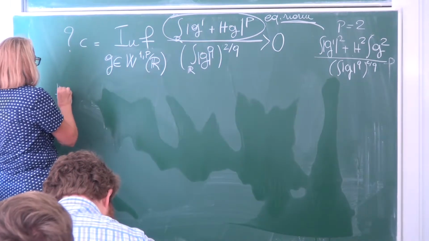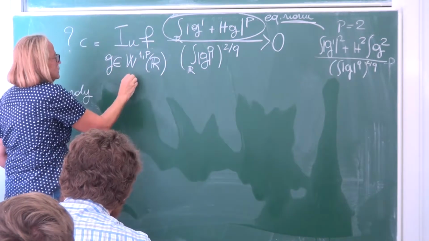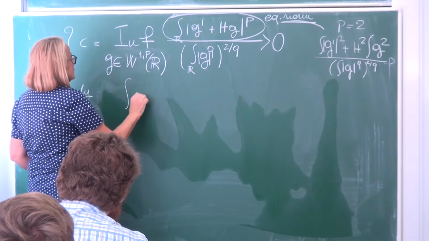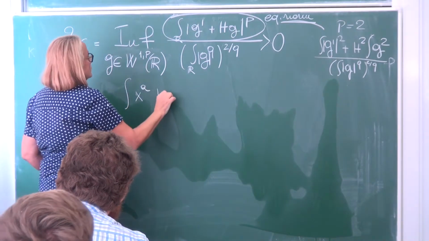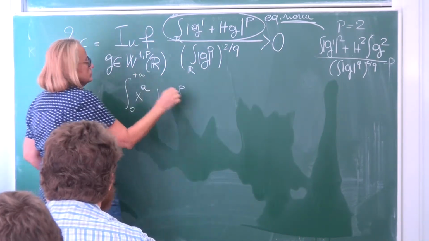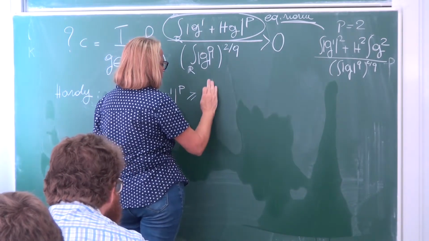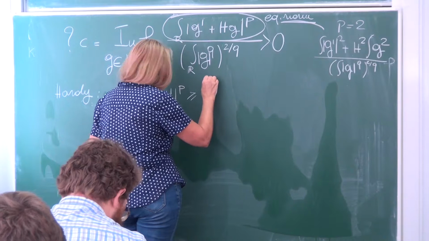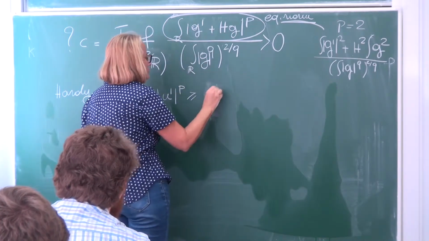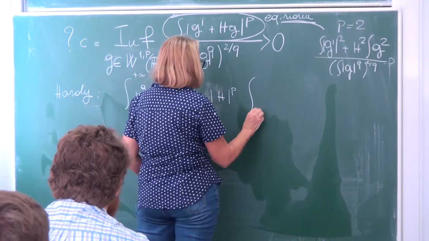Because of the Hardy inequality that holds in our situation, that is x to the power a, u prime to the power p. Now it holds. H indeed is positive.